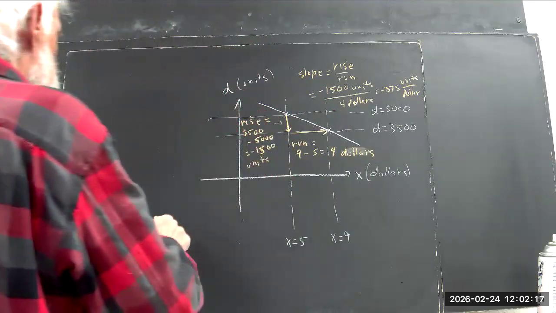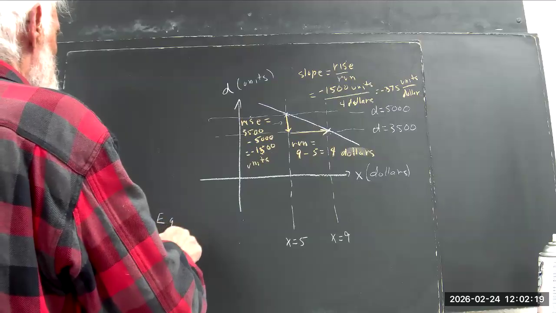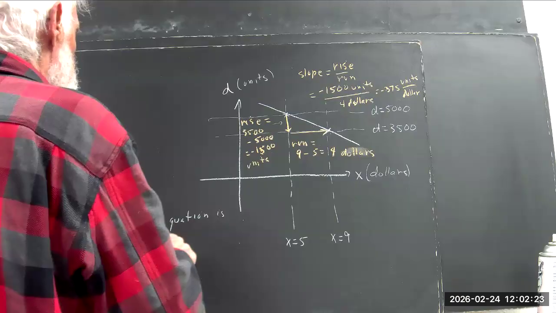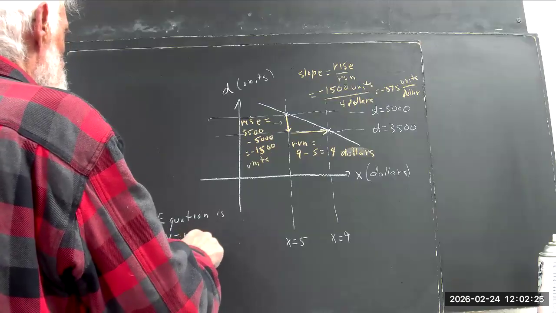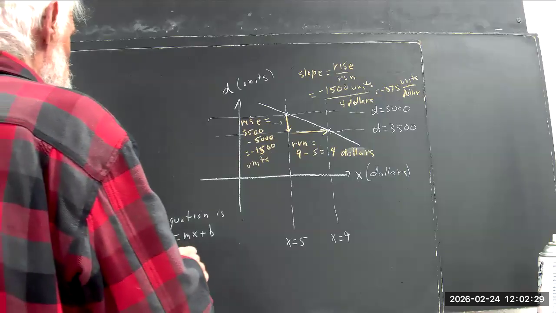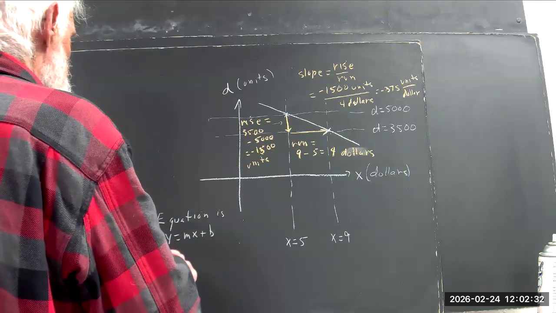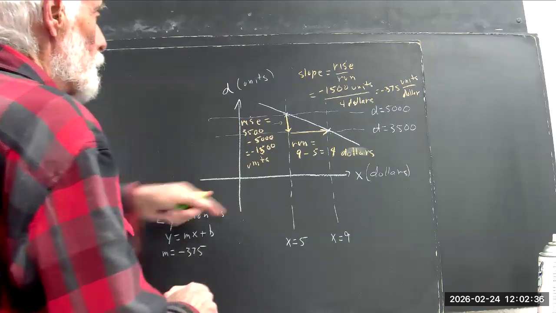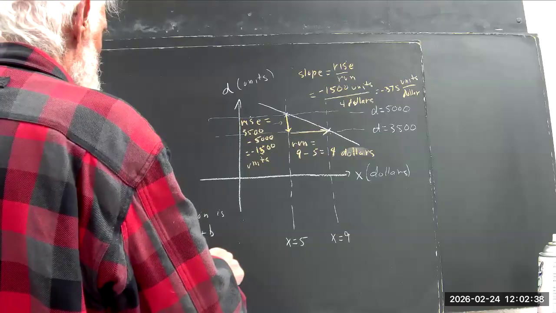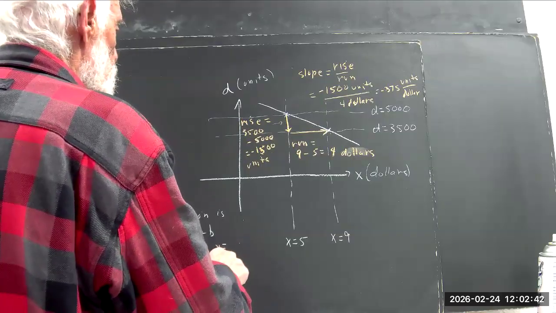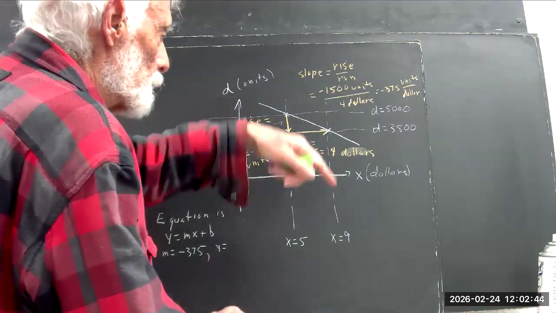Well, the equation we'll use is y equals mx plus b, with m equal to negative 375. Remember that that's units per dollar. And let y equal what it is at either of these points.